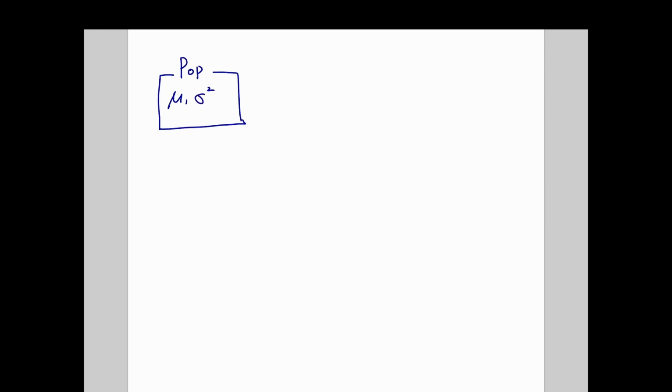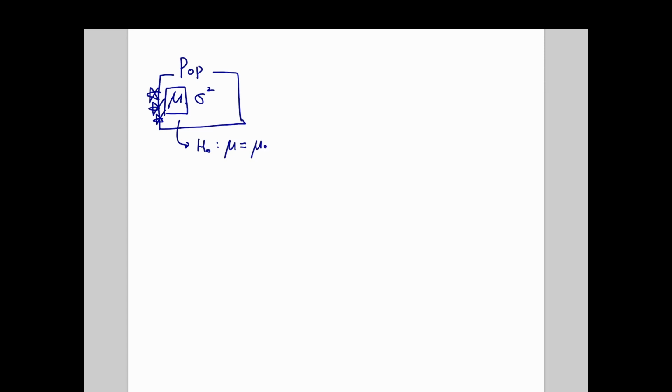Here, the parameter we are interested in is the population mean, mu. We can formulate the following hypothesis: the null hypothesis is mu equals a specific constant mu 0.